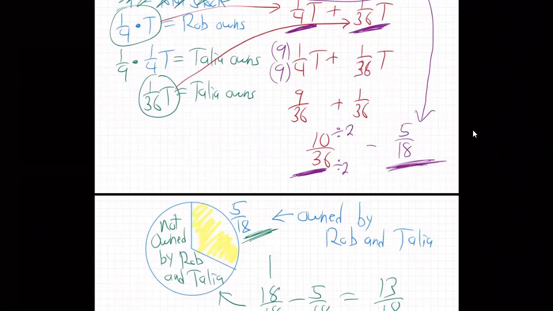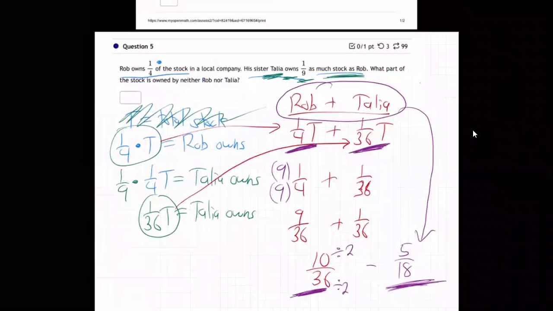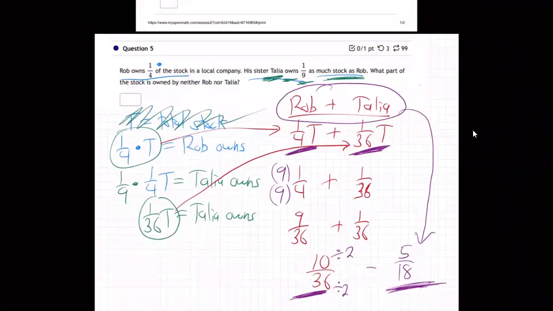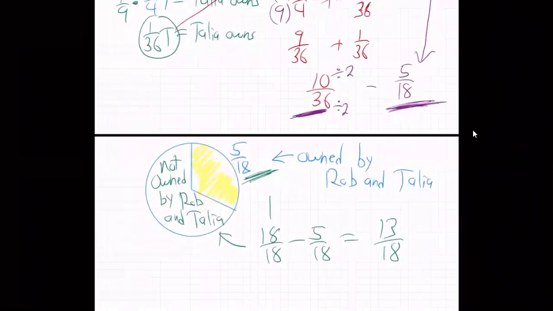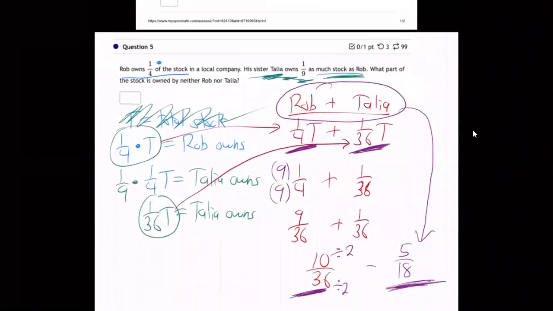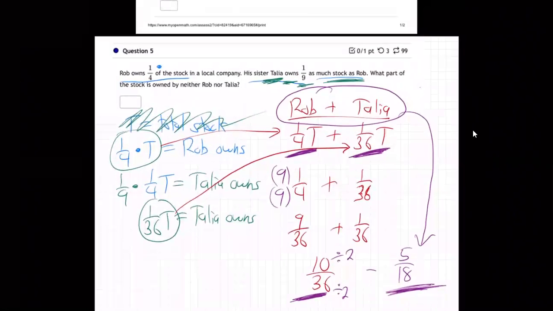Messing up, erasing too much. Yeah, all we had to do was the fractions. The T actually did nothing. I'm just so used to using a letter all the time. But it was completely unneeded on this problem. You see that? It was all the fractions. So really we just added up the fraction for Rob and the fraction for Talia, the 1/4 and the 1/36.